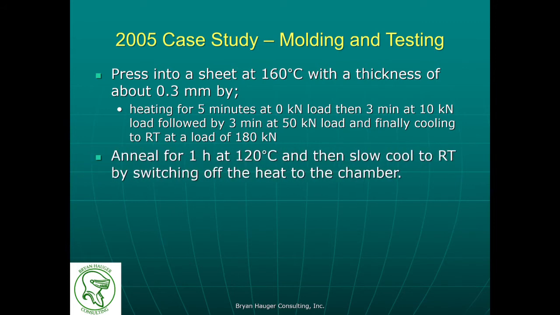In the 2005 study, the thickness of that compression molded sheet was approximately 0.3 millimeters, and that is the referee thickness in the ISO 18488 test method. But the ISO test method also allows a thickness of 1 millimeter and provides tolerances for the thicknesses.